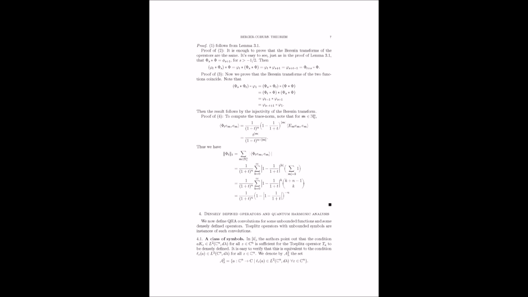First, we have the QHA translation of an operator. For an operator T, its translation by z in C^n is given by alpha_z(T), defined using the Weyl unitary operators W_z. So we're essentially just shifting the operator around our space using these Weyl operators.